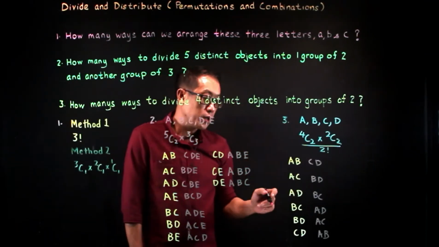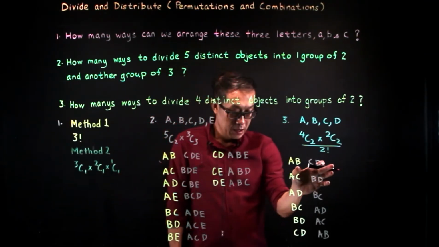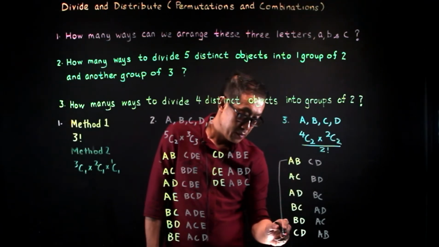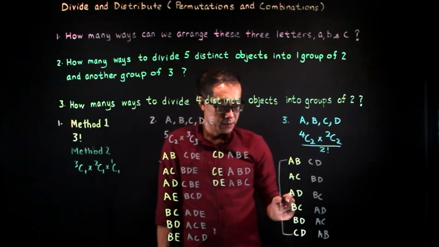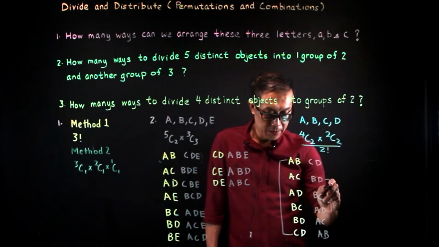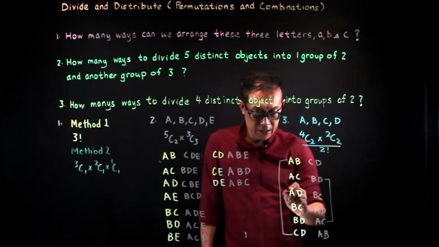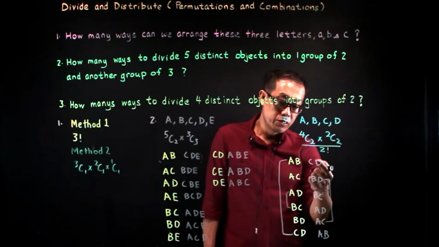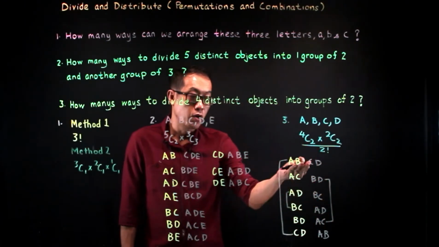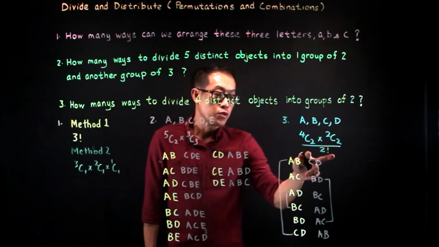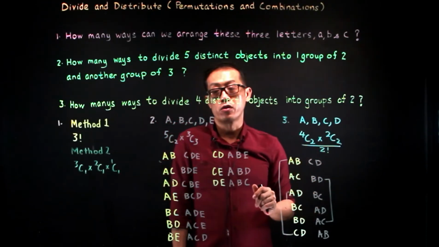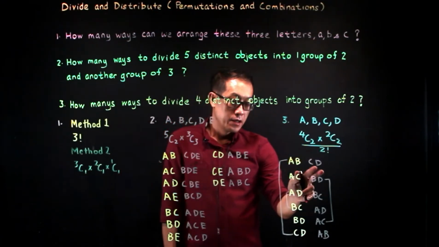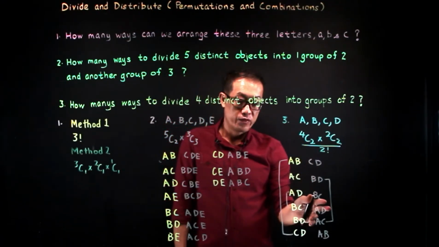But if you look at it closely, these 2 are the same. Alright? These 2 are the same. And these 2 are the same. So you realize that instead of 6, there are only 3. So that's why you need to divide by 2 factorial. Because there's permutation involved. Alright?